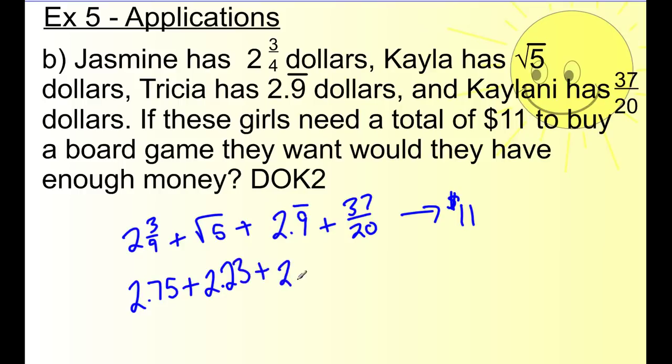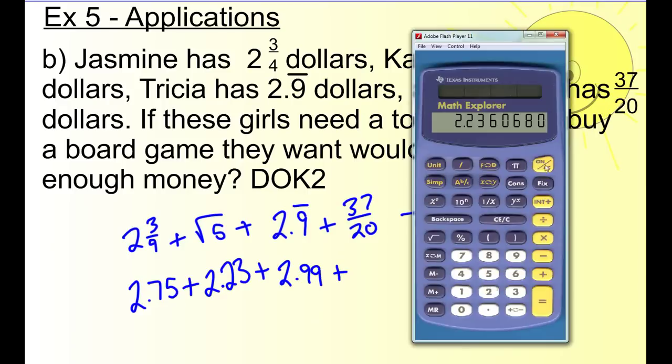And we've got a 2.9999999. And we've got a 37 over 20. That's kind of ugly too. 37 divided by 20 equals 1.85.